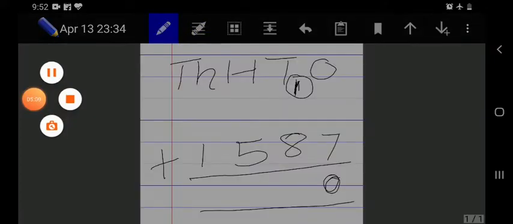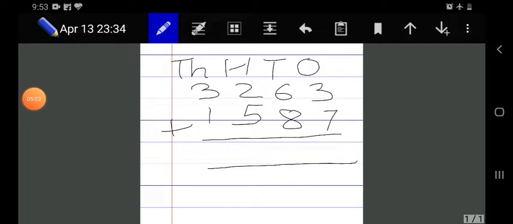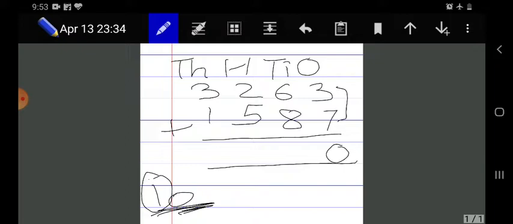Okay, just a second. Again, if we add 3 and 7, it will become 10. We have taken 0 as it is a 2 digit number and put it here at our ones place, and take away the 1 and put it on the other place value, that is tens.